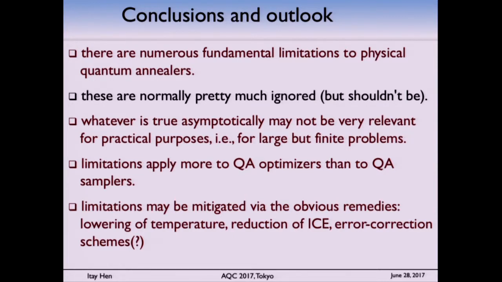And the limitations apply more to quantum annealing optimizers than to samplers, and they can be mitigated via the usual suspects like lowering the temperature, reduction of the intrinsic control errors, and maybe error correction schemes. That's it. Thank you very much.